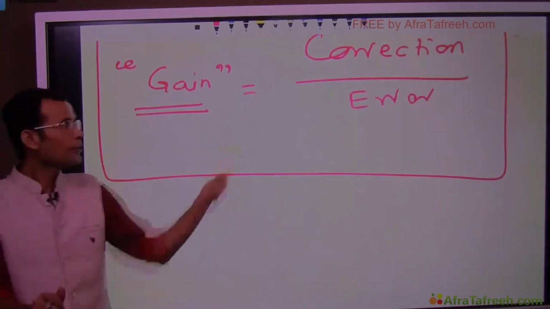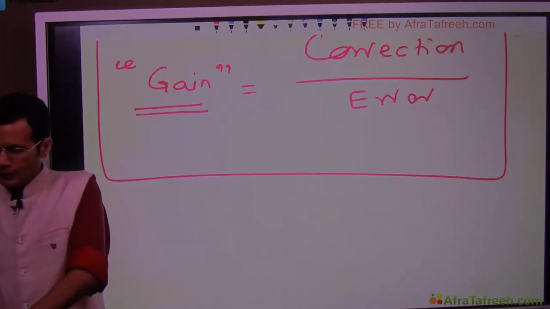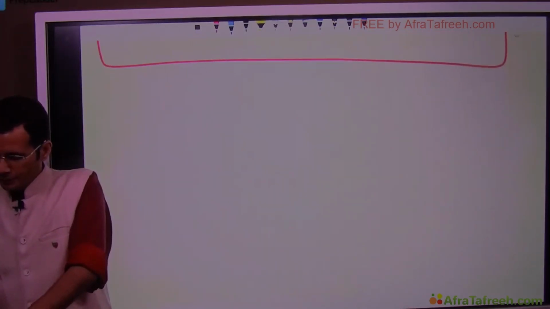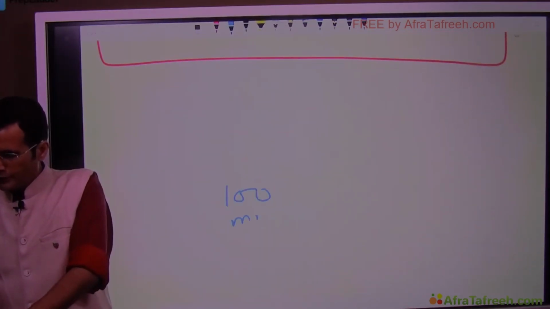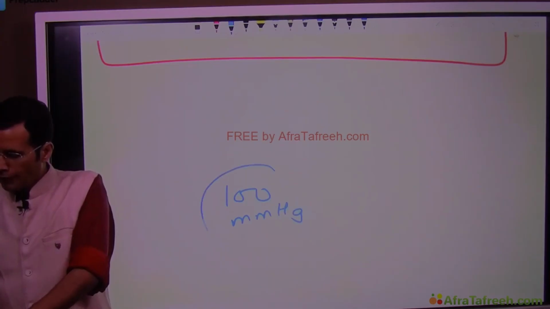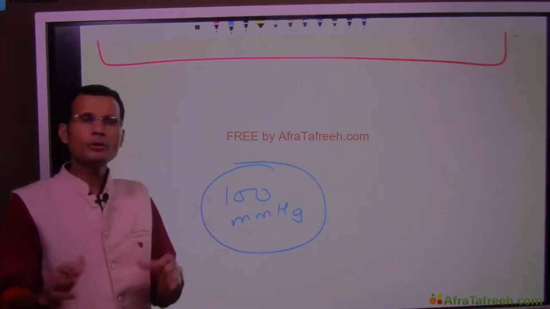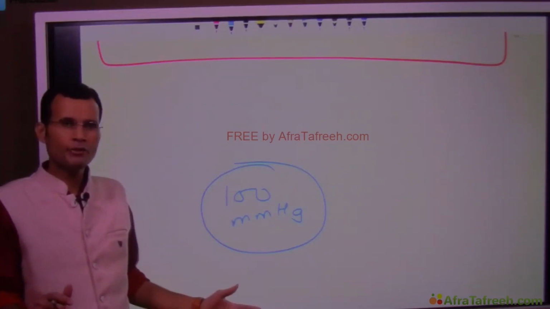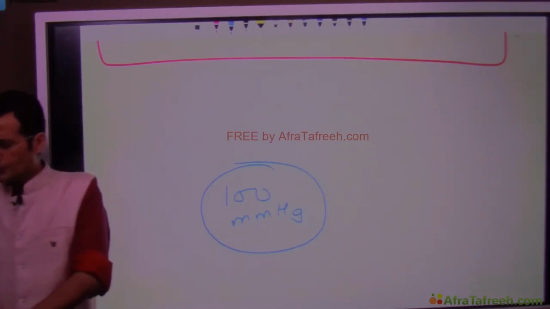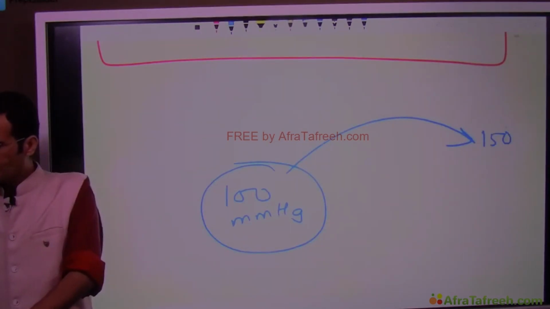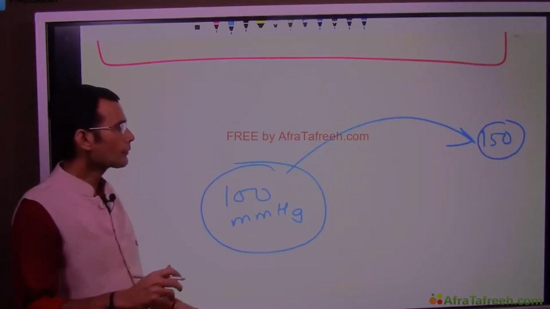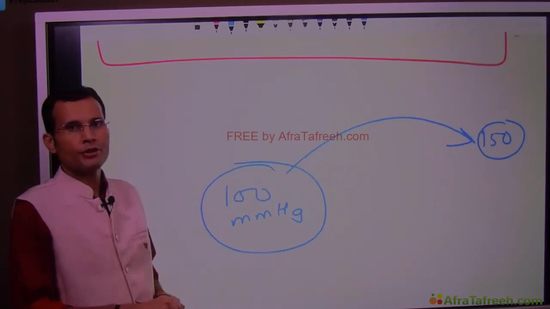Let's take an example to understand this. Let's say blood pressure is at its normal value, 100 mm of Hg. The normal mean blood pressure is about 100 mm of Hg. Some disturbance happens and the blood pressure increases to 150 mm of Hg.